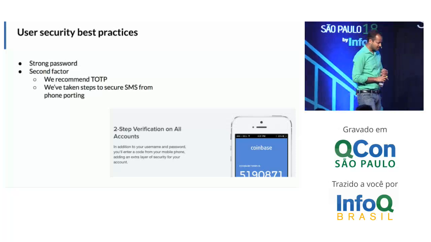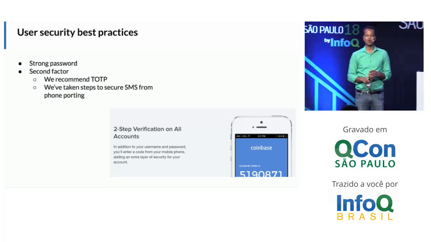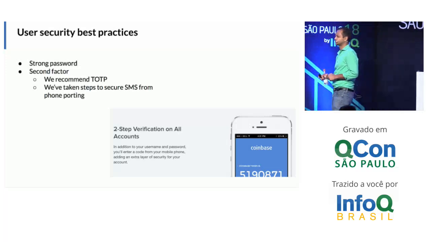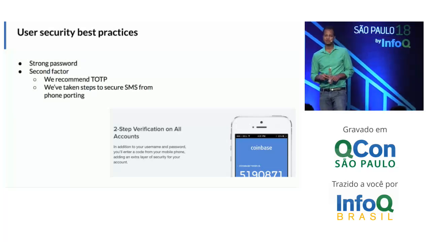Now, the other thing that we built, which has really prevented phone porting attacks from happening on Coinbase, such that we haven't had a successful phone porting attack on Coinbase for the last 1 year, is, again, a machine learning-based system.